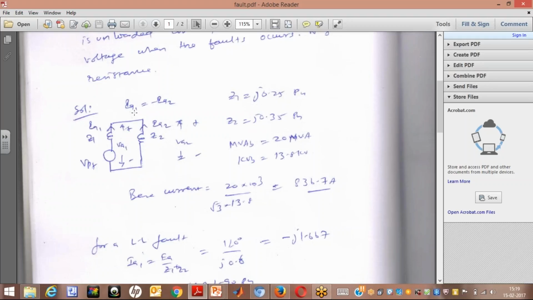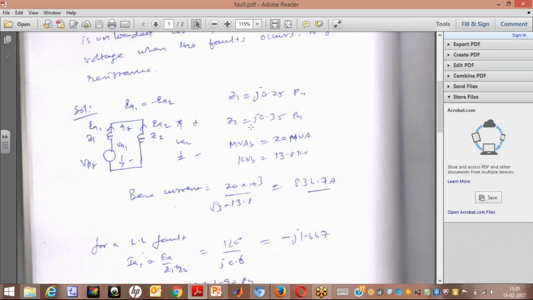So the currents IA1 and IA2 are equal, but in opposite directions, so it can be written as IA1 is equal to minus IA2. The given data are the positive sequence reactance and negative sequence reactance, then the generator rating of 20 MVA and voltage rating of 13.8 kilovolts. Using the given capacity of the generator and the voltage, you can calculate the base current.